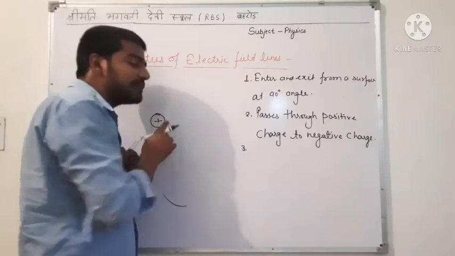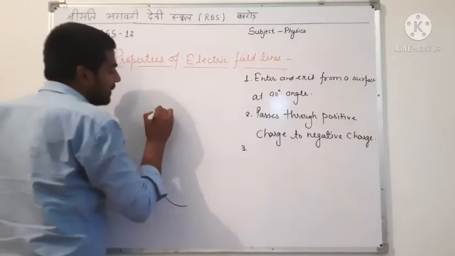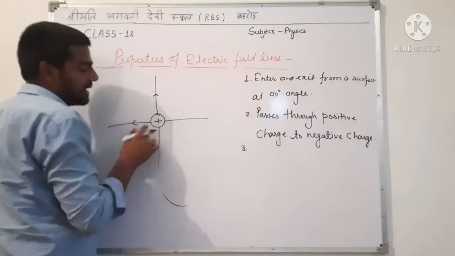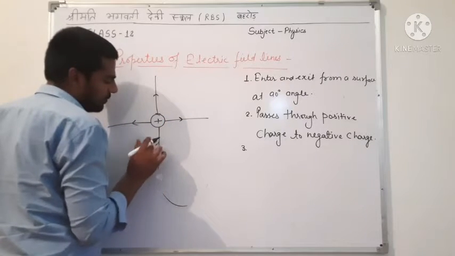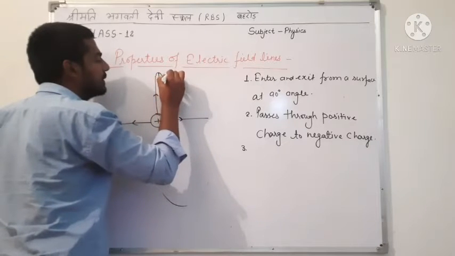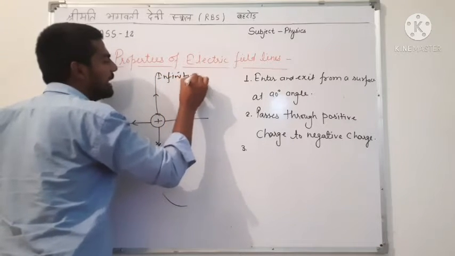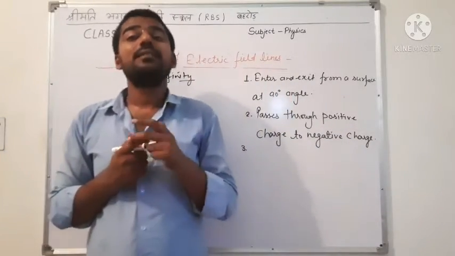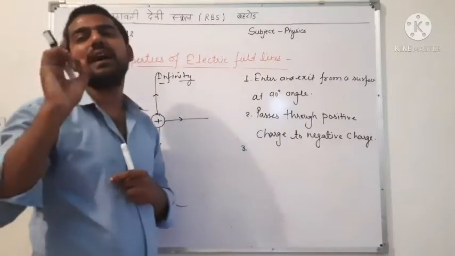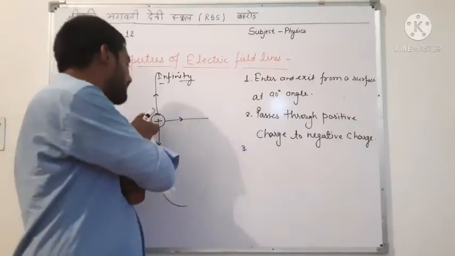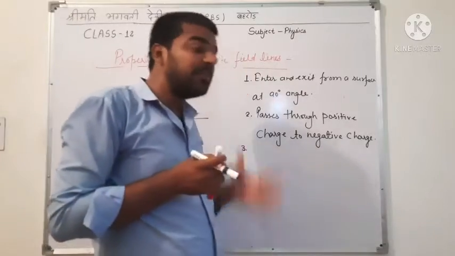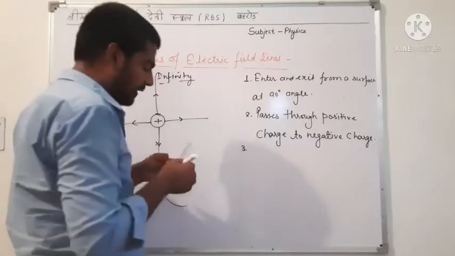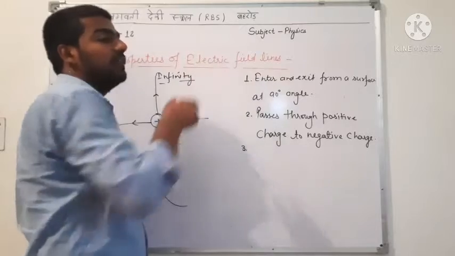The electric field lines pass from positive charge to infinity, and this is the third property of electric field lines.